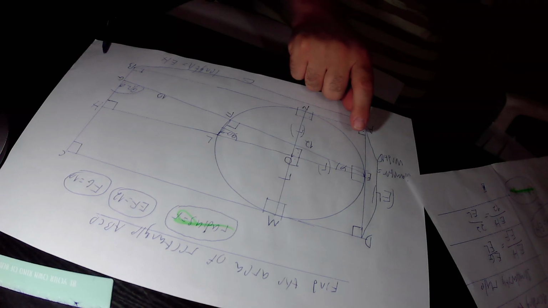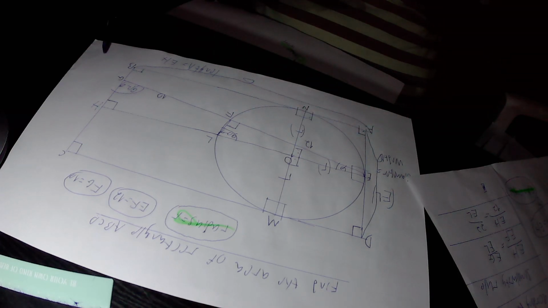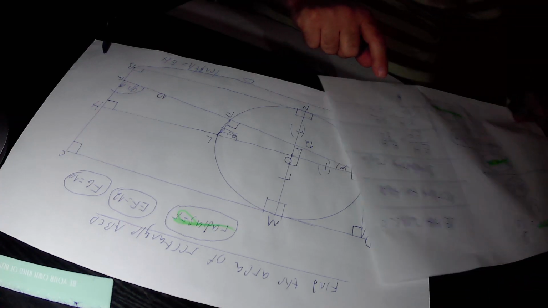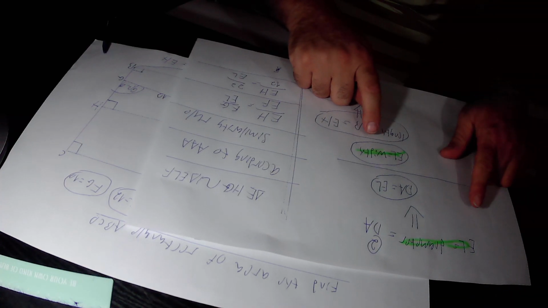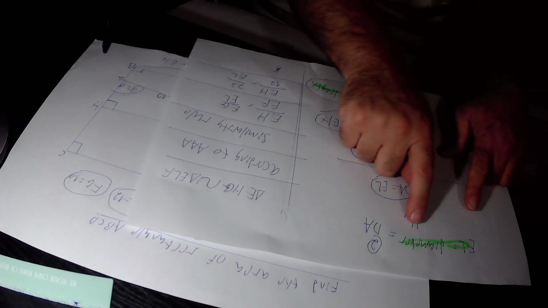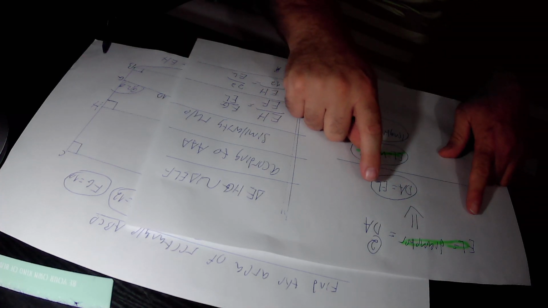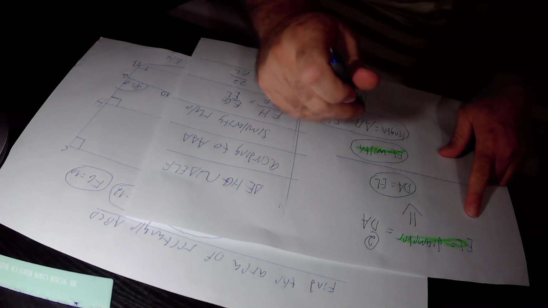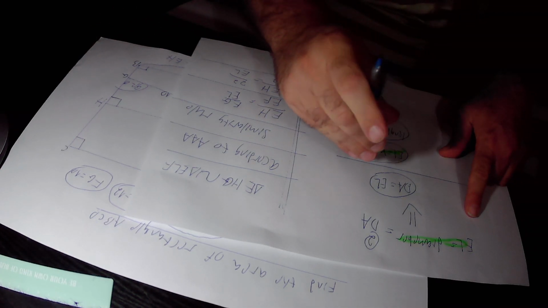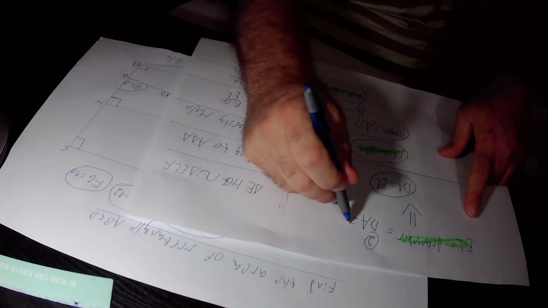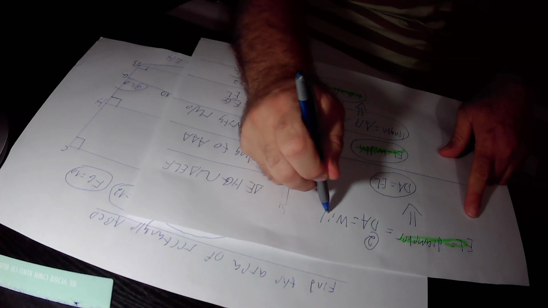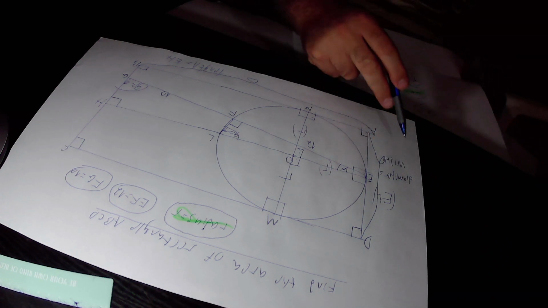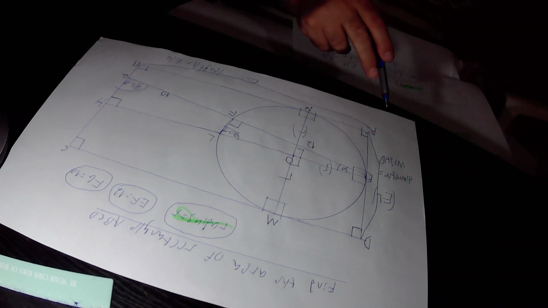Therefore, EL is the width. EL is the diameter of the circle, and DA is the width of rectangle ABCD.